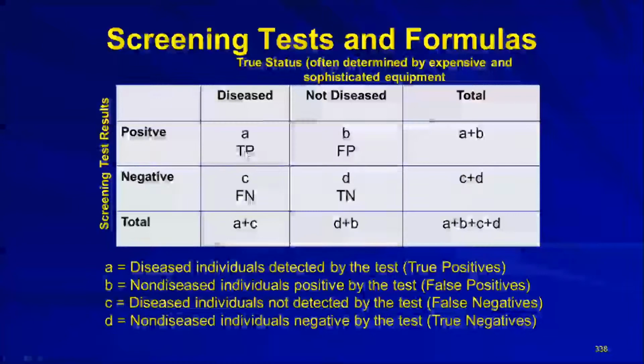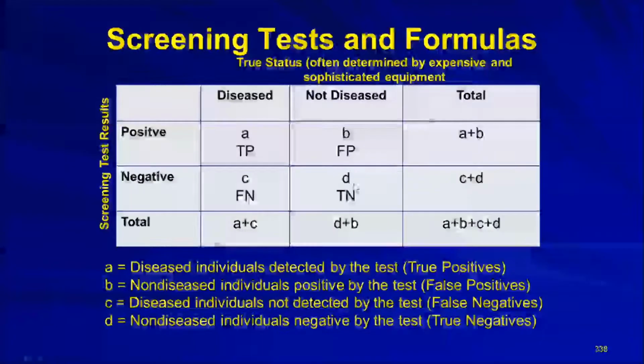So we have true positives, false positives, false negatives, and true negatives. The nomenclature that we usually prefer is A, B, C, and D, and the formulas I'm going to show you will use A, B, C, and D.